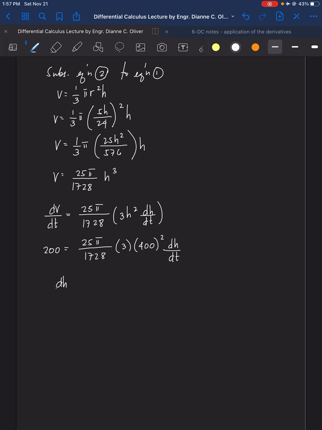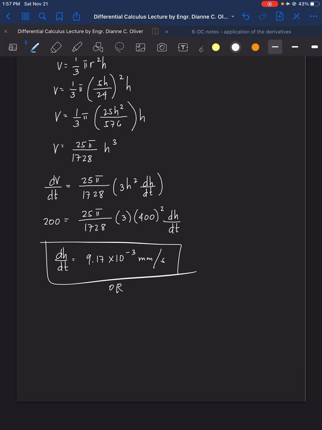Now dh over dt is equal to 9.17 times 10 raised to the power of negative 3 millimeters per second. Or you can have the value dh over dt is equal to 0.00917 millimeters per second.